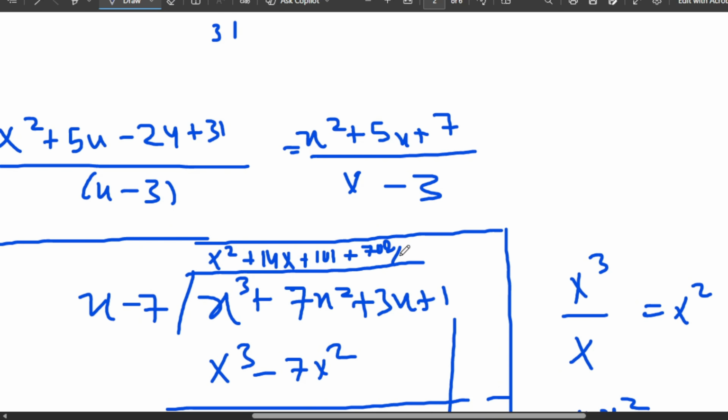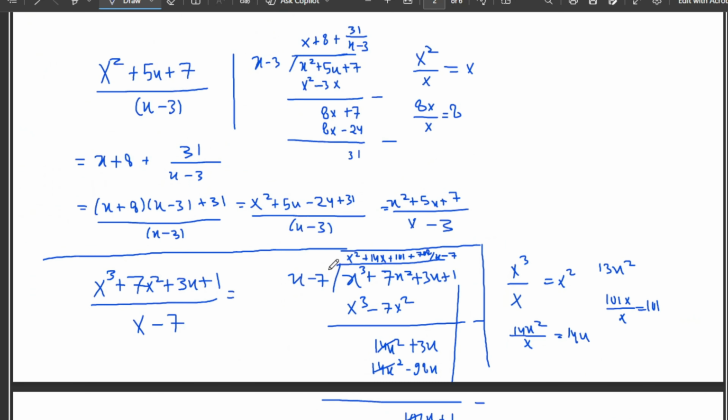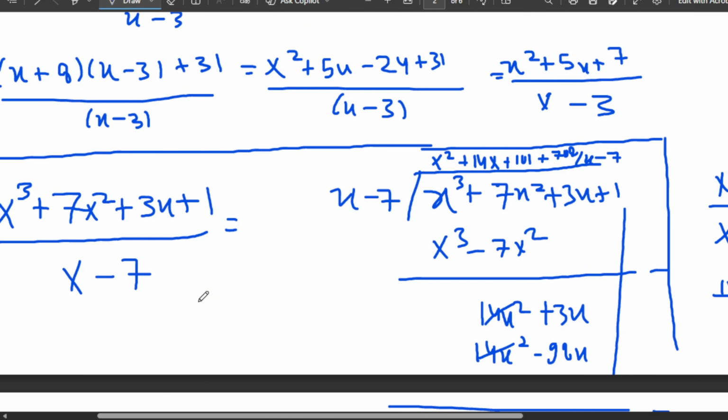Our result will be x squared plus 14x plus 101 plus 708 over x minus 7.